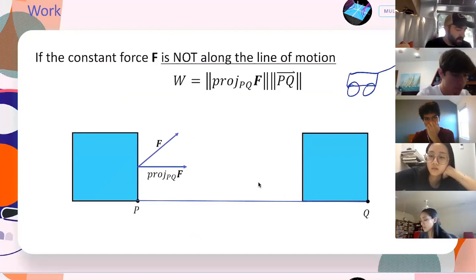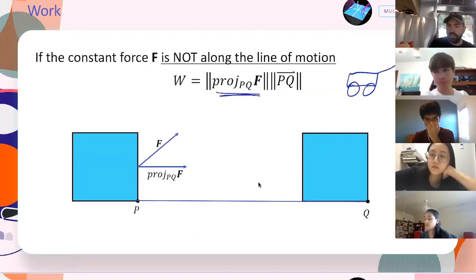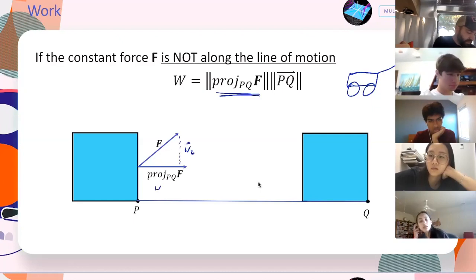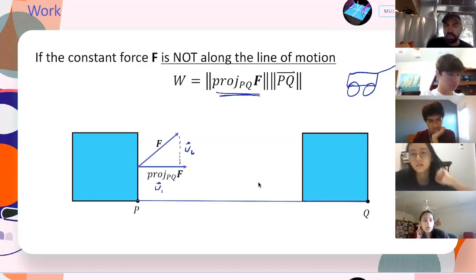So if it's not along the line of motion, we would actually want only the portion of the force that is in line with the motion. So again, F is really going to have some horizontal piece that's moving along the path, and some of the force, if you're pulling at that type of an angle, is lost this way.